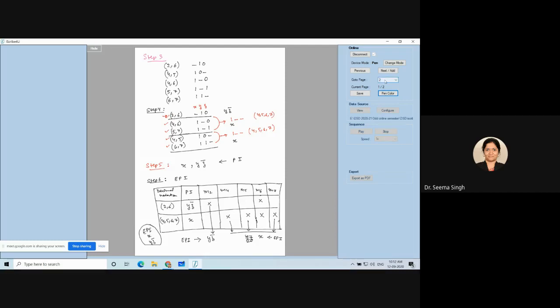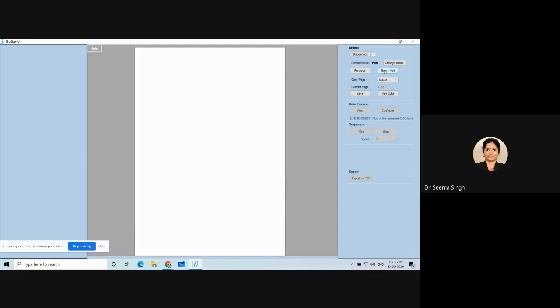Quickly do and see whether the K-map will get me the same answer or not. So what I am doing is I am doing K-map verification of the same question. And it is a 3 variable question, right? X, Y, Z.